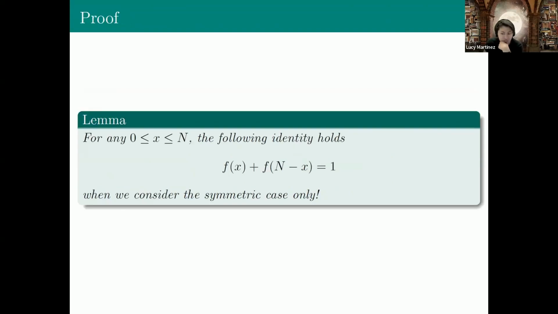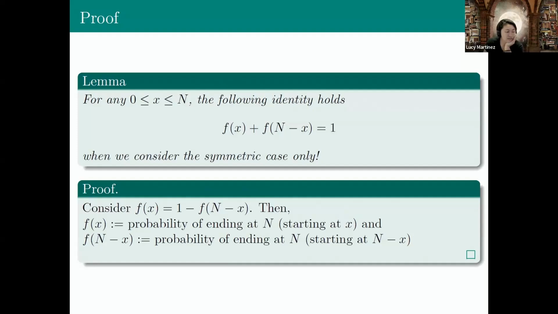This is again only for the symmetric case, when the probability of going from x to x plus 1 or to x minus 1 is equal to 1 minus p over 2, where p is the probability of going from x to n minus. So just a sketch of the proof.